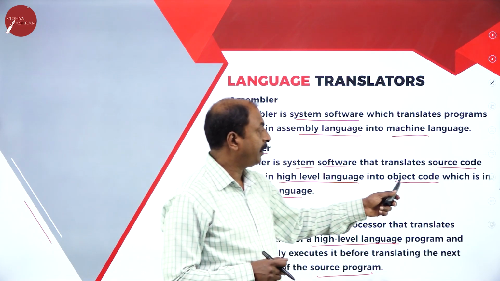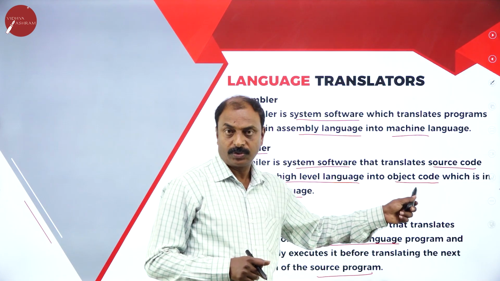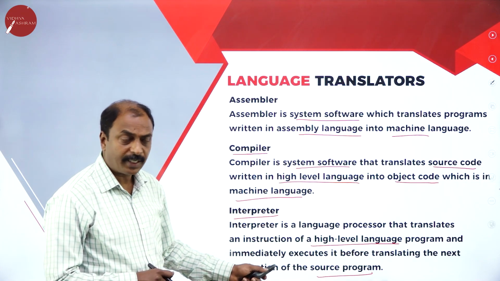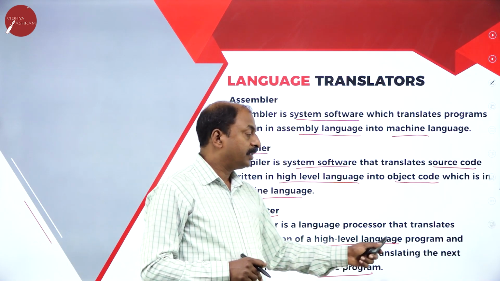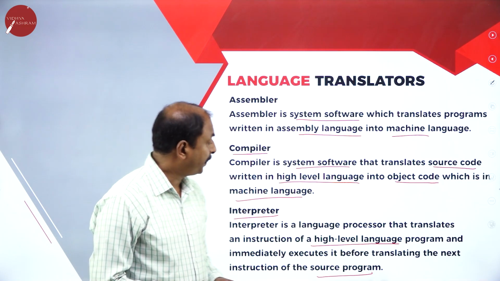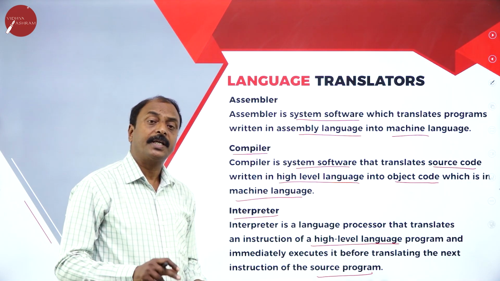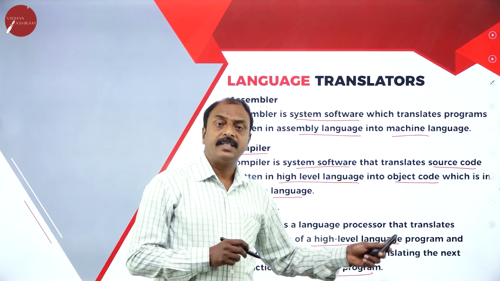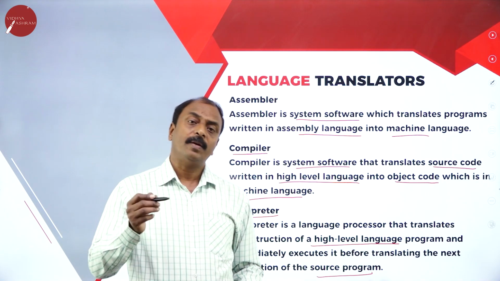That means at one time it converts all the code. But in an interpreter it is not like that. Since all the instructions cannot be translated at once, it translates the instructions one by one.